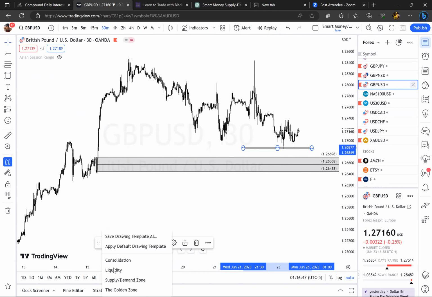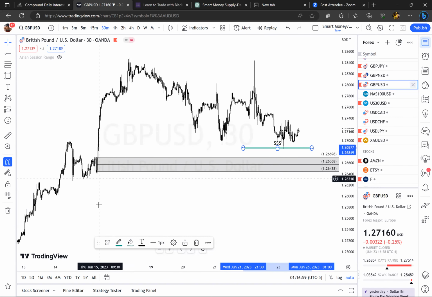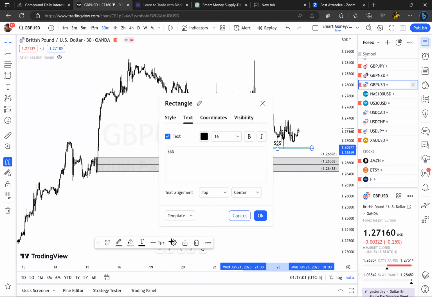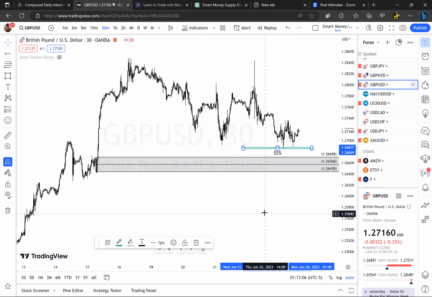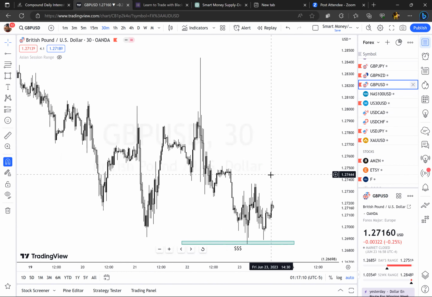All right. Now this could be a Wyckoff schematic about to be played out right there. That's what I'm thinking. For those of you that are familiar with Wyckoff, this could be a Wyckoff schematic about to play out. All right.